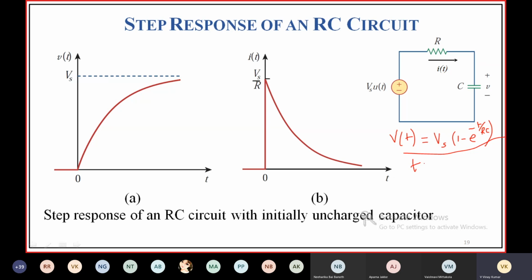So if t is equal to tau, v of t is equal to v of tau.